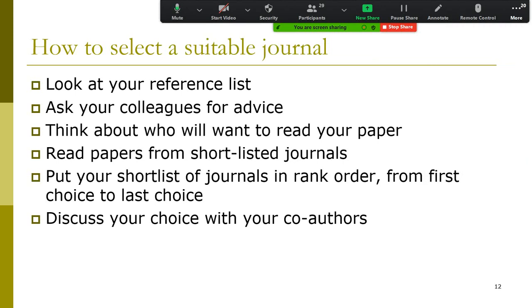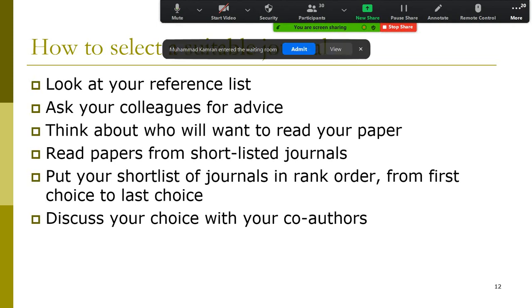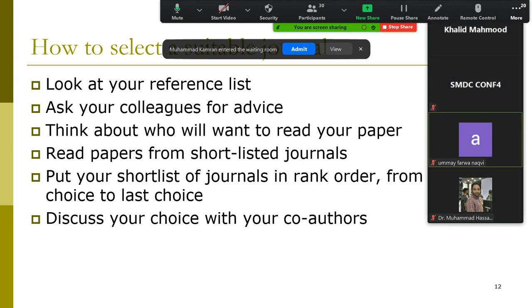It is for whom? Read papers from shortlisted journals. You can shortlist some impact factor journals, go to their websites and see the list. In this case, you will find the relevant journal for your article very easily. You should see the sample papers also.